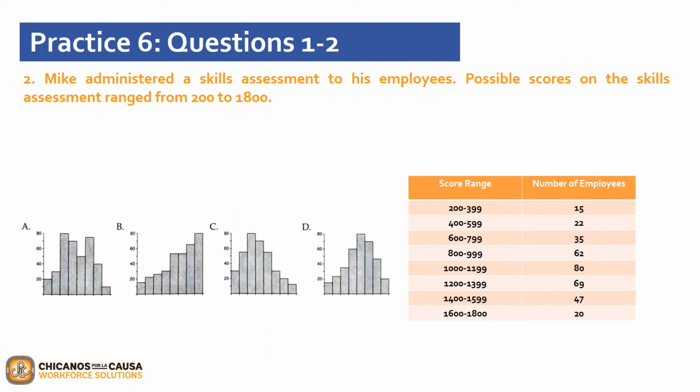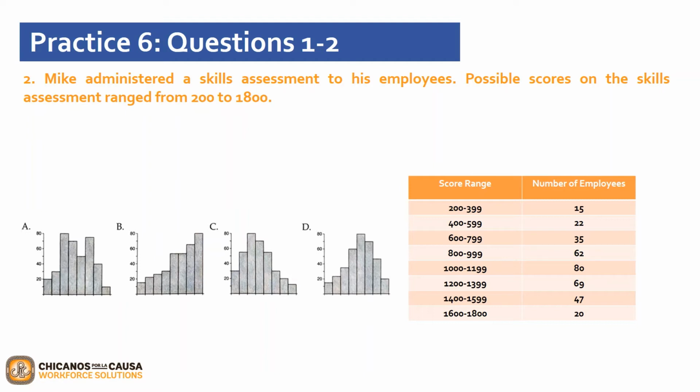Let's look at one more row just in case. We have our fourth row, which is 800 to 999. The number of employees that scored that were 62. So at this point, I'm thinking that D might be the correct answer, but let's just double check.